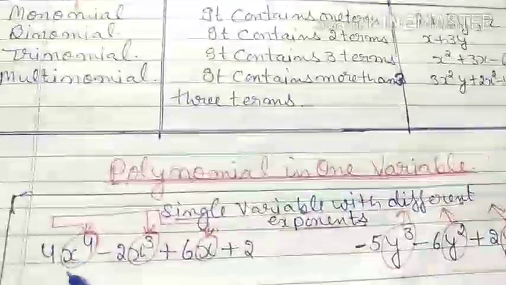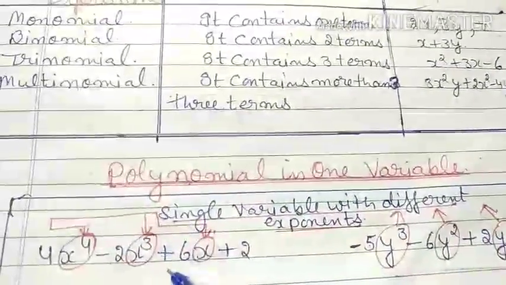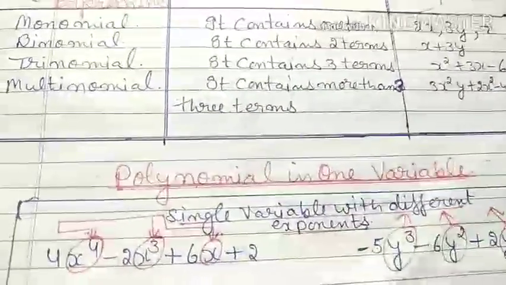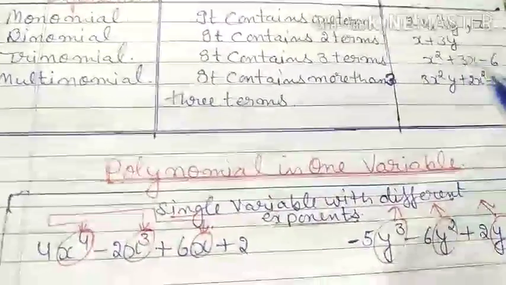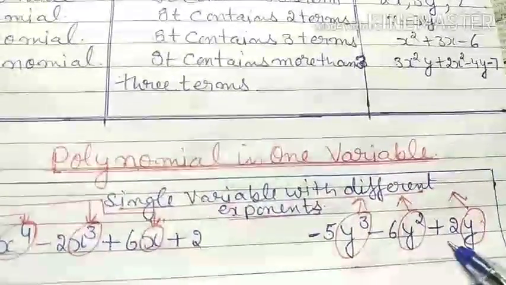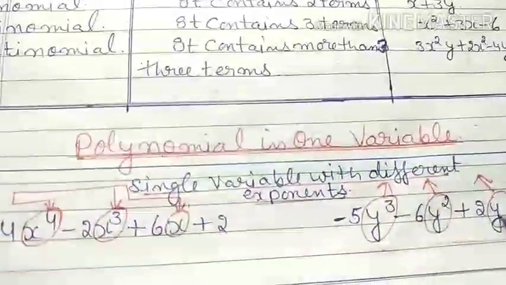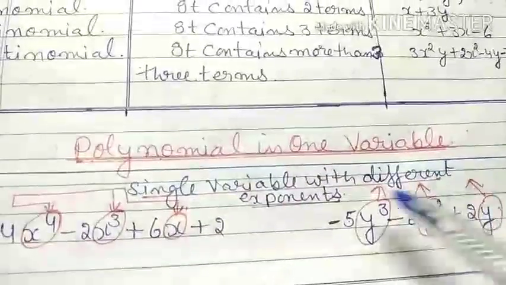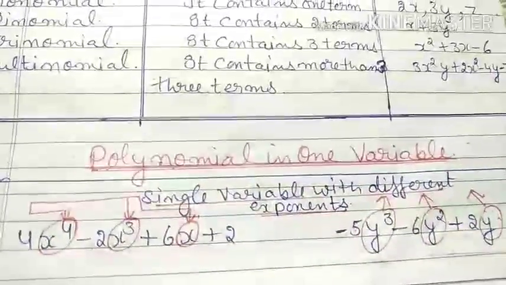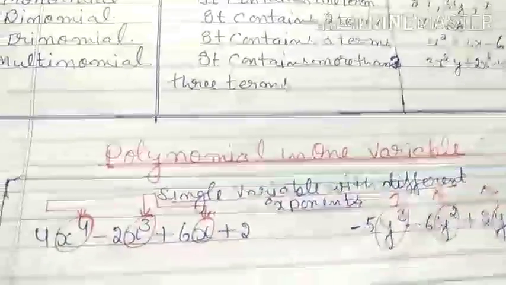Like here, 4x to the power 4 minus 2x cube plus 6x plus 2. Here x is a single variable, no two variables are there. Similarly here, minus 5y cube minus 6y square plus 2y. Here also the variable has different powers. So we call it a polynomial in one variable.